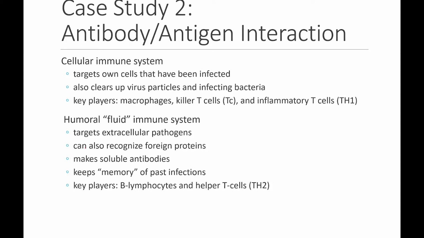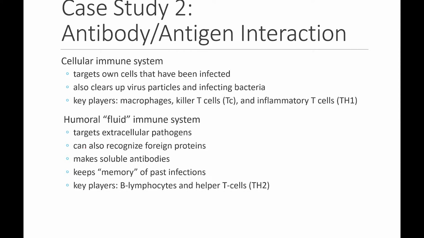Now, to understand these interactions, we're first going to review the idea of the immune system. Our immune system is made up of two immune systems, which is the cellular immune system and the humoral or fluid immune system. The cellular immune system is going to target our own cells that have potentially been infected.